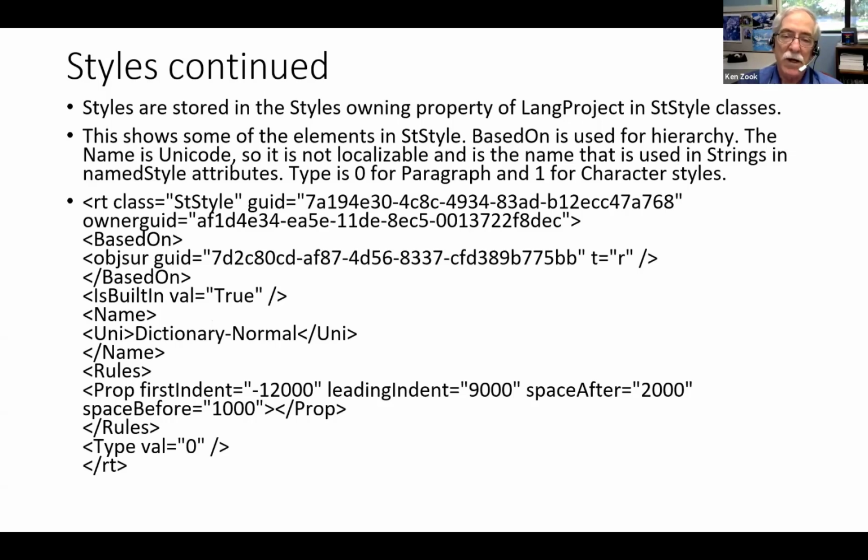This shows some of the elements in StStyle. BasedOn is used for hierarchy. The name is Unicode, so it is not localizable and is the name that is used in strings in the named style attributes. And type is 0 for paragraph and 1 for character styles. And you can see the properties in there.